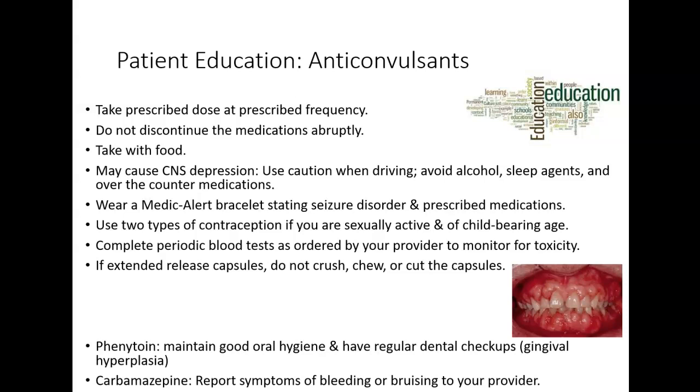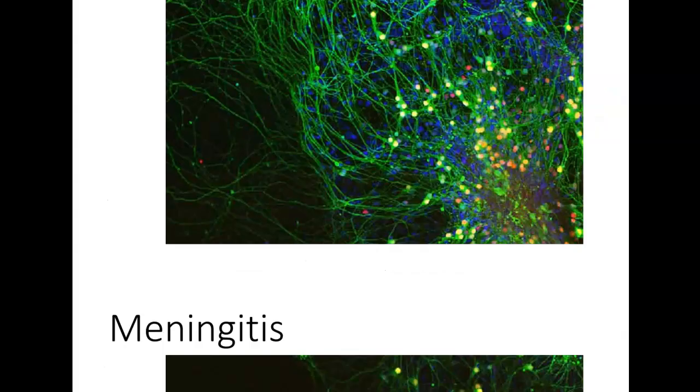And this gingival hyperplasia is kind of a classic sign of drug side effects of Dilantin. Carbamazepine, symptoms of bleeding or bruising, and then valproic acid or valproate, symptoms of pancreatitis. Okay, on to meningitis.